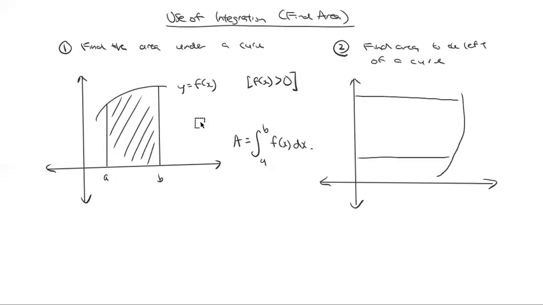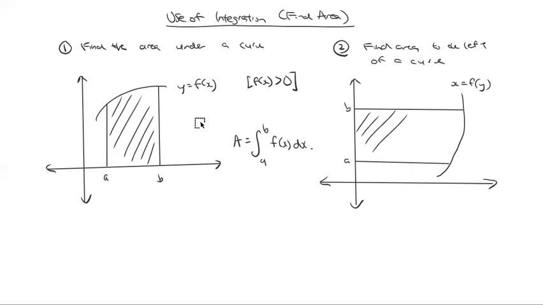But in this situation here, we would need it to be between y equals a and y equals b. We need it to be x equals f of y, and we need f of y to be positive. Then in that situation, your area must equal the integral from a to b of f of y dy.